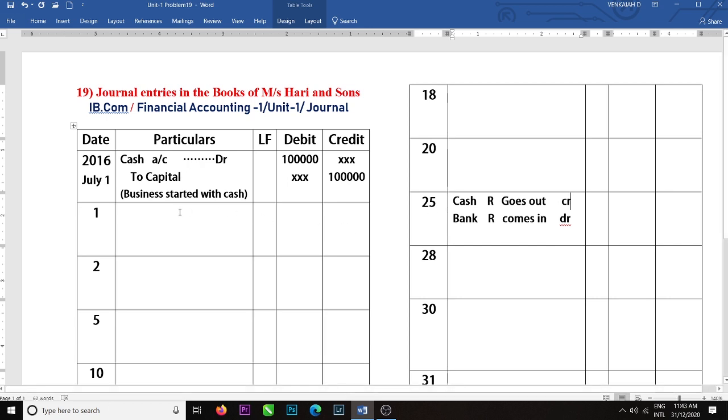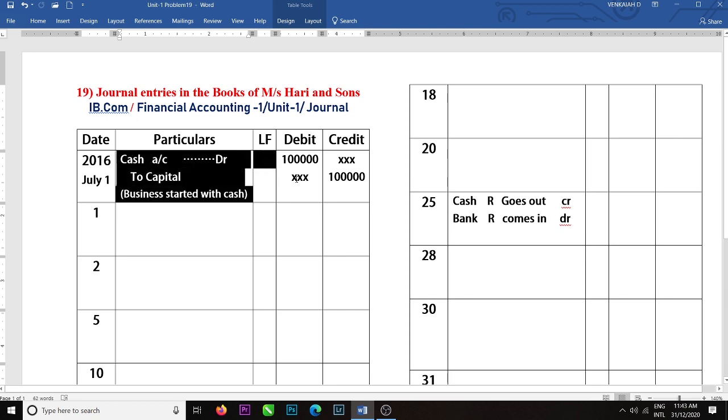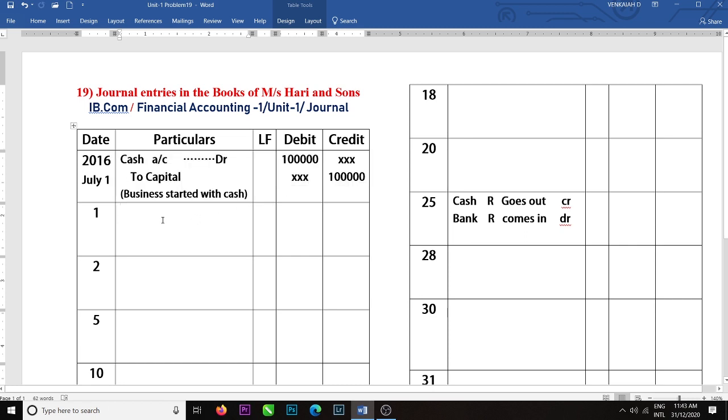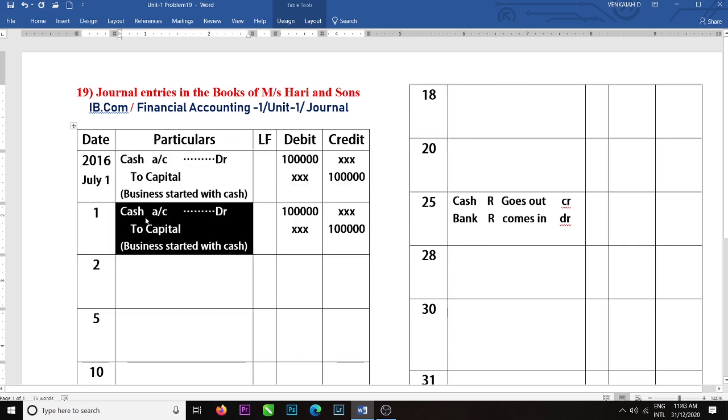So we debit the bank account and credit the cash account.